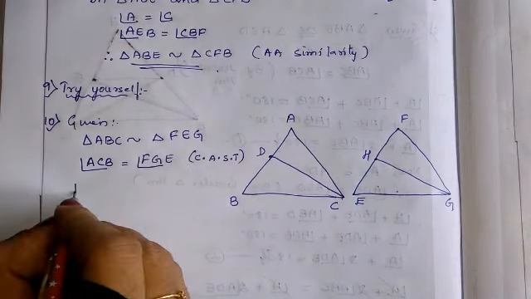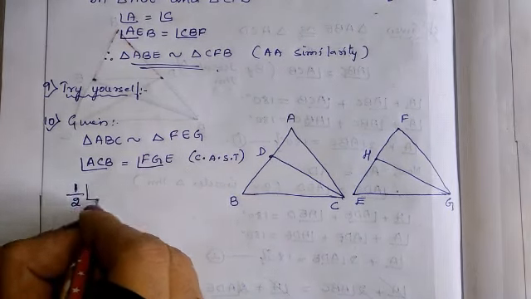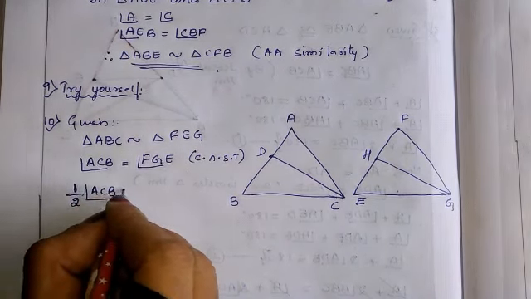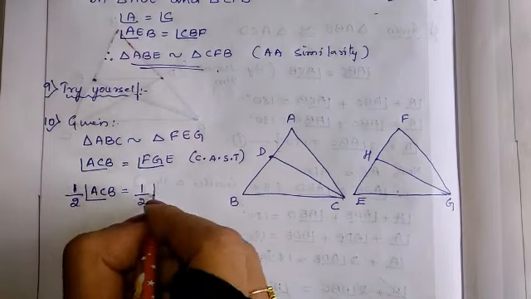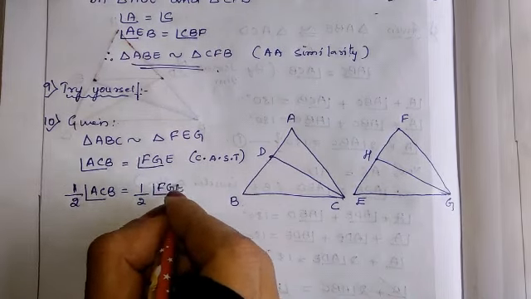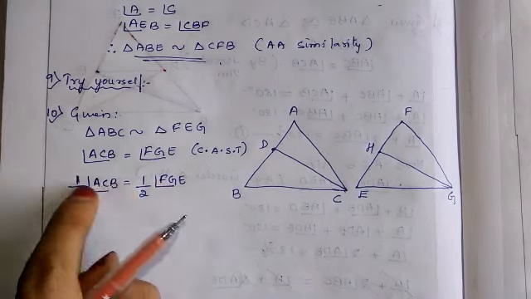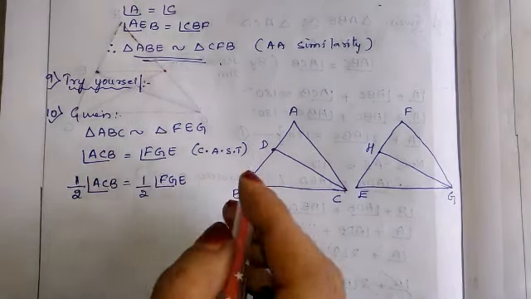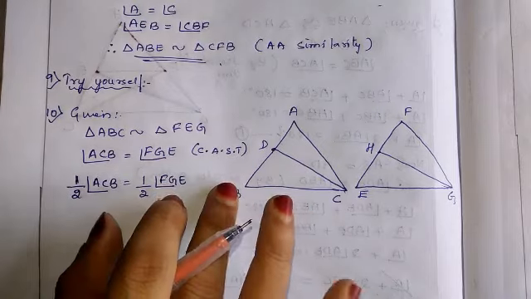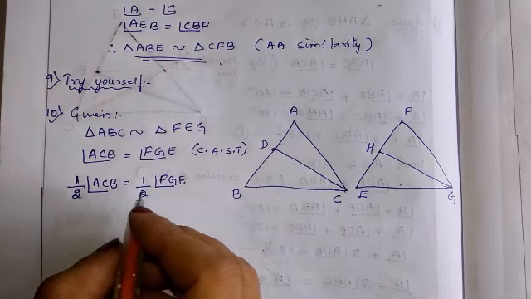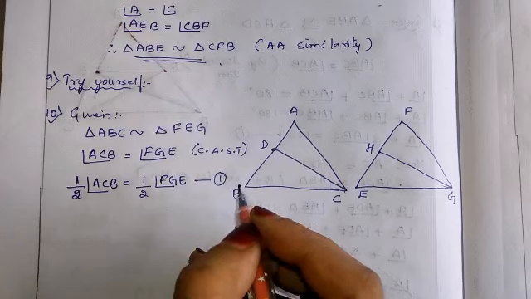Now on both sides, let us write half. Half of angle ACB is equal to half of angle FGE. To get this, we just multiplied half on both sides. Let us keep it as it is. We'll consider this as equation 1.